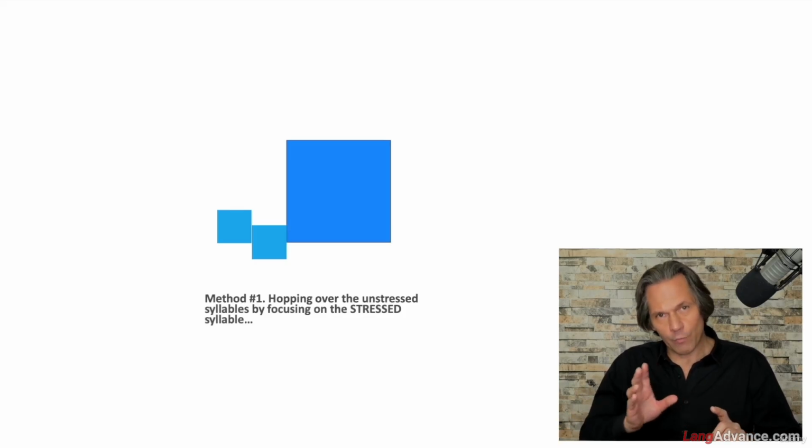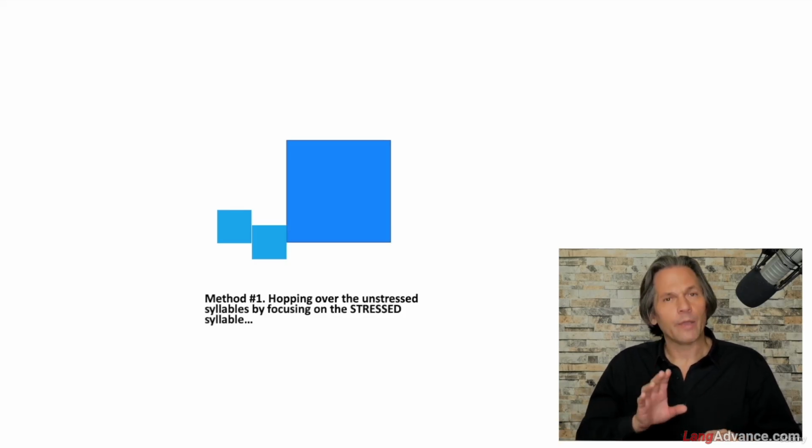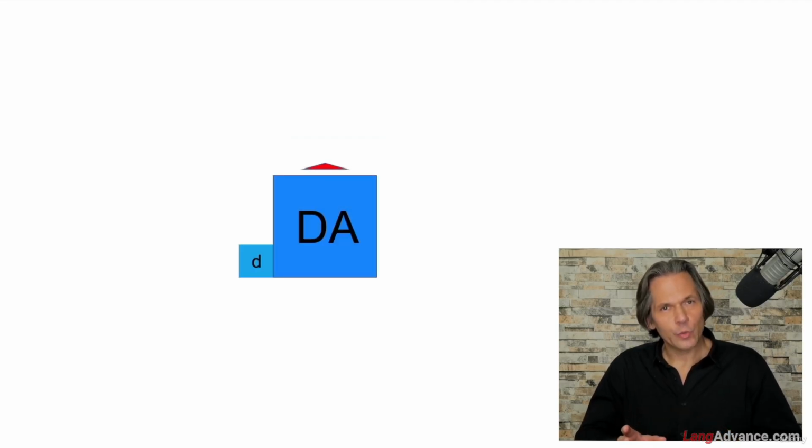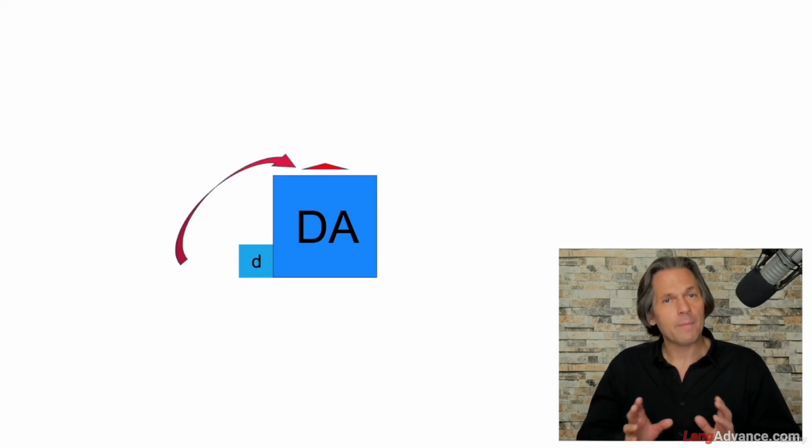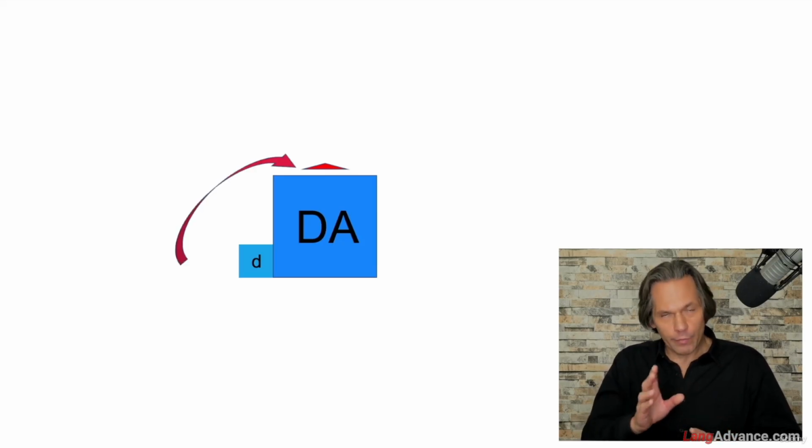For starters, let's use the idea of hopping over the unstressed sounds by focusing on the stressed syllable. We did this for the two-syllable pattern 2A. Let's look at that pattern written here with the vowel peak and the nonsense syllables d and da. The way we practiced this was by focusing on the stressed syllable da and mentally hopping over the unstressed sound d, not really thinking about it.